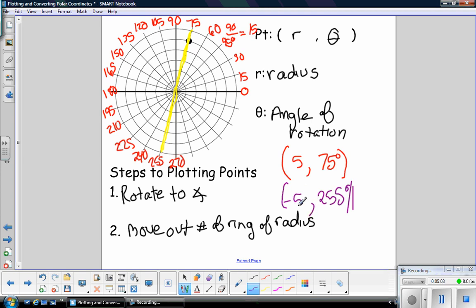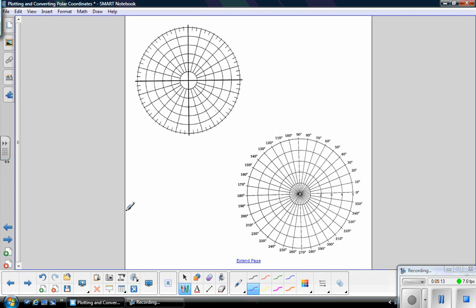So your negative radius happens when you go away from the angle that you've rotated to. And that's important to keep in mind. Okay, what I have here is I just have some other polar grids that you might see. So make sure that you understand that I'm just using one type, but there's multiple types of polar grids out there.